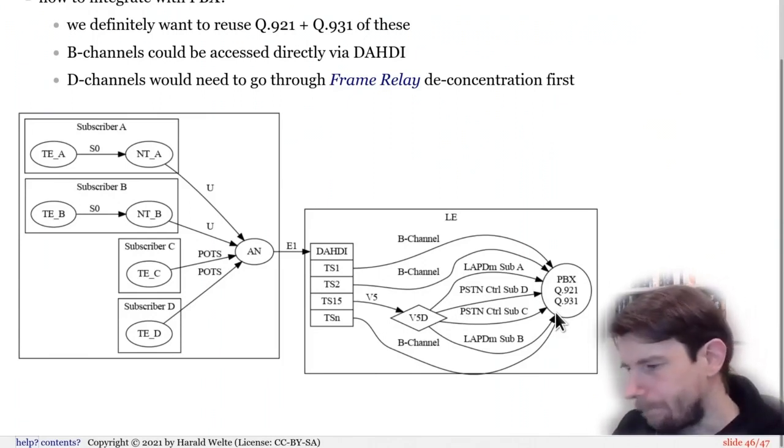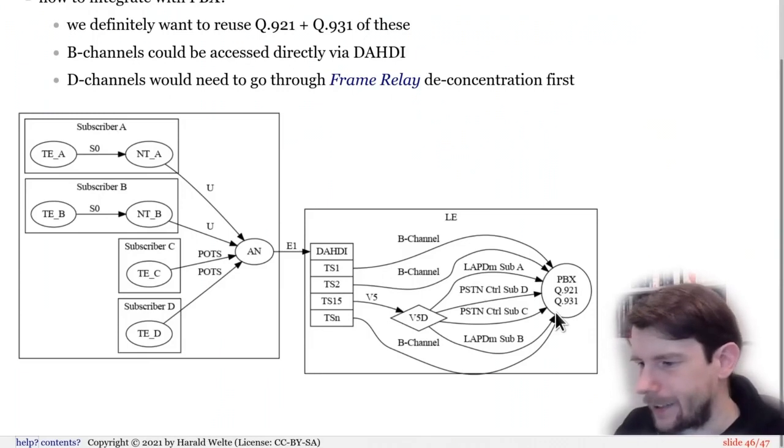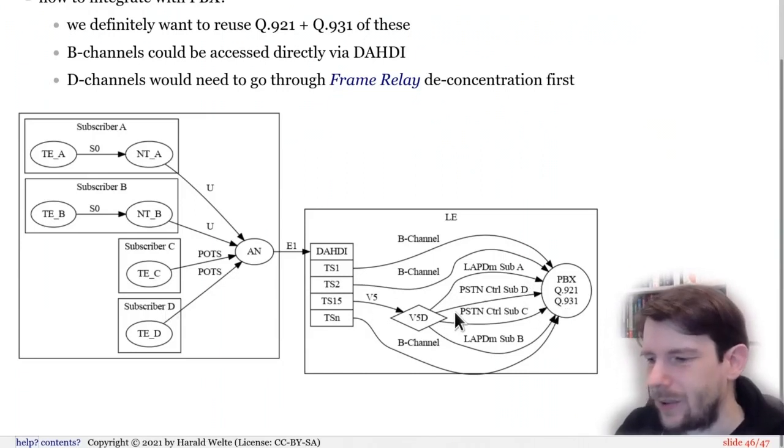And as I said, they can just open the B channels like in a normal ISDN world, but for the D channels for the signaling, we have to create some specific interface. And for the analog lines, equally, we need some kind of non-standard interface, how the PBX can control those analog line states and so on of the analog subscribers on that side.